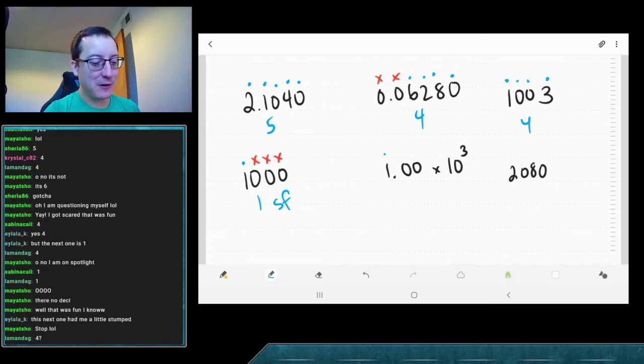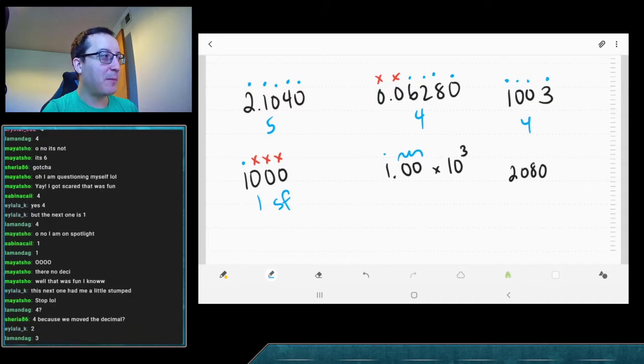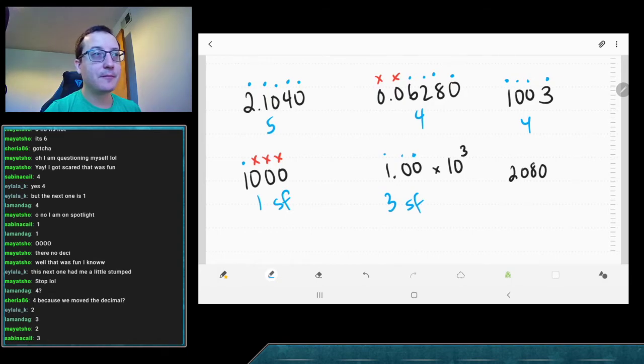We're trying to figure out if those guys are significant. And so we are going to look back to our rules and say, okay, yeah, we have a decimal. It's right there. Scientific notation, remember, always has a decimal. So we are going to count these things. And that'll have 3 sig figs.